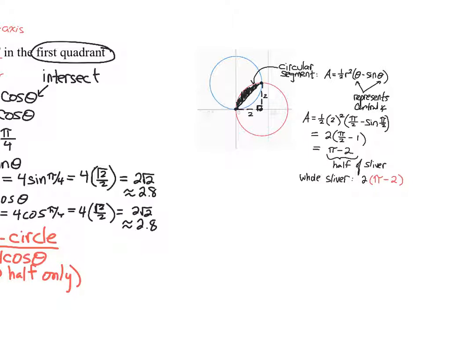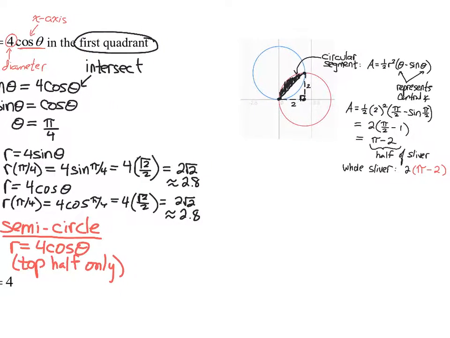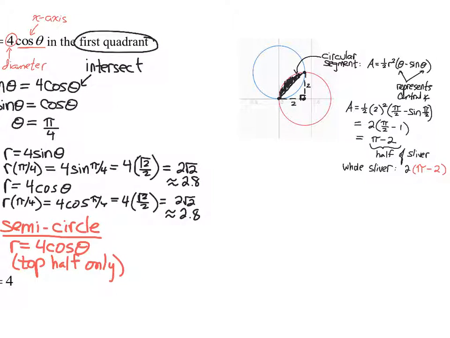So very quickly, without doing any work, you could just plug and chug and see. Because if I plug in a 0, it should give me the starting point of the top half. And if I plug in a pi, it should give me the end point of the top half. Otherwise, I'm looking at something else.